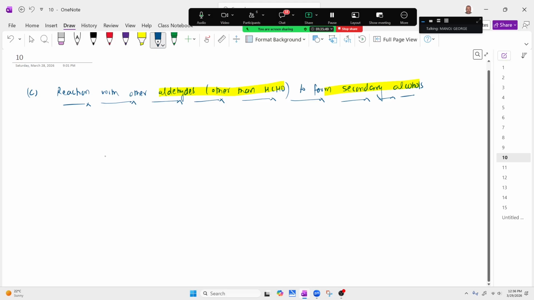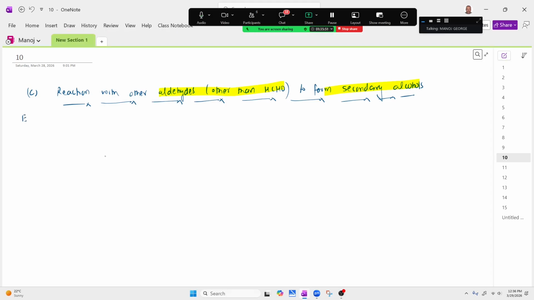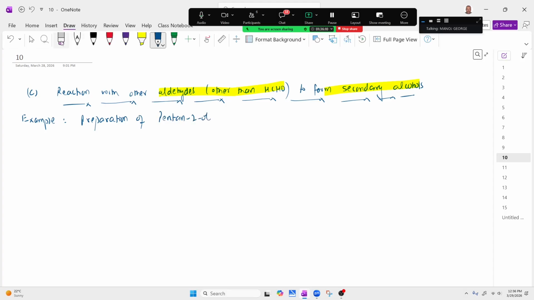Okay, so let's say example, preparation of, let's say, pentan-2-ol. Now pentan-2-ol happens to be a secondary alcohol, correct?